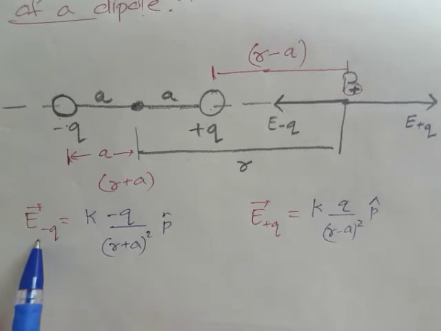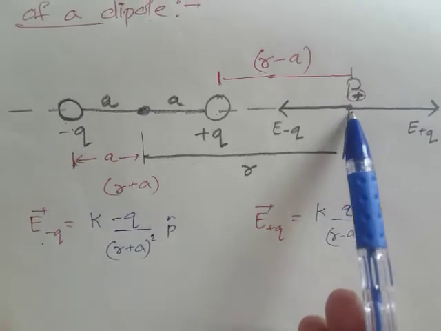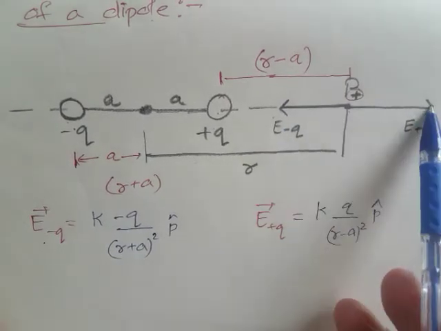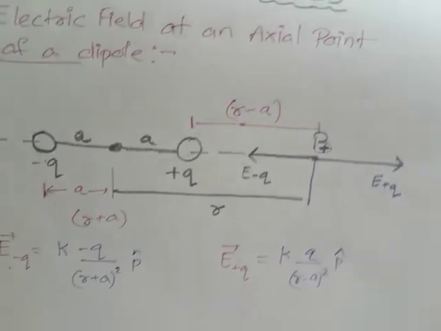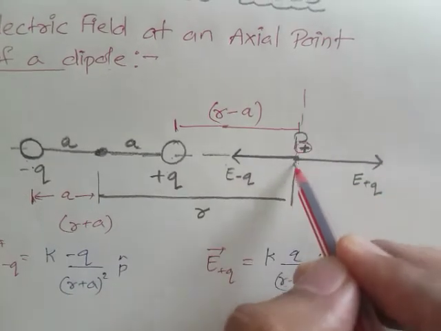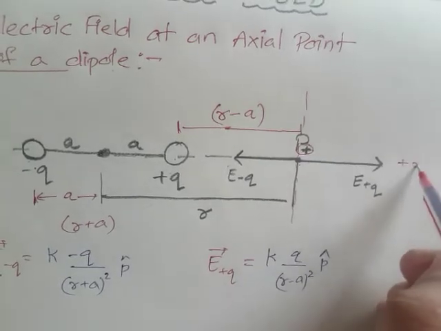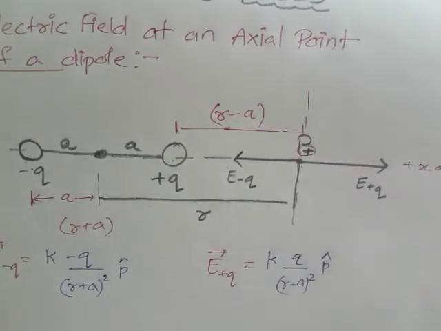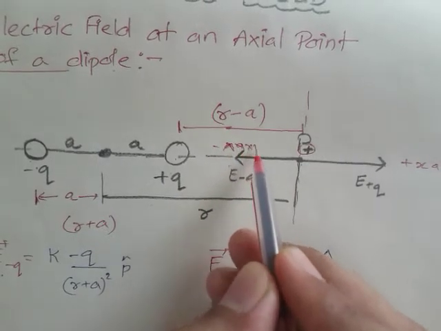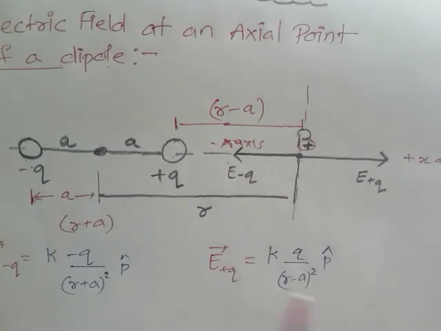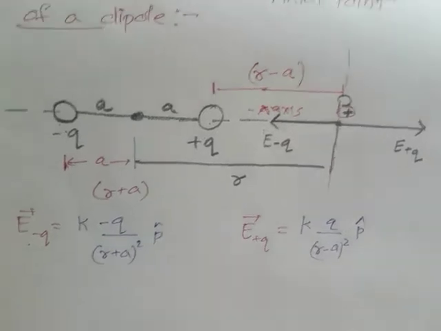The positive electric field is going in the left direction and this is going in the right direction. If we imaginarily draw a line, this is the positive x-axis and this is the negative x-axis. So according to this we take its direction.